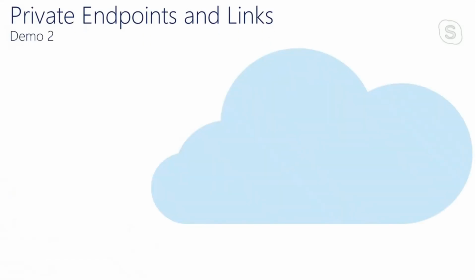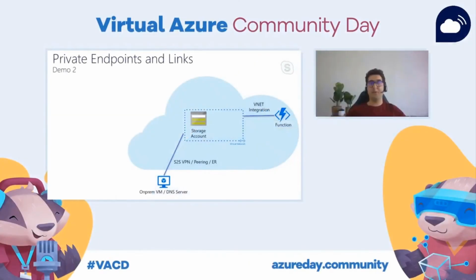For demo 2, I will showcase another scenario where we have an Azure function and we will try to privately access a storage account from this function. Today when we use Azure Functions, we need to use a VNet integration to connect to the virtual network.